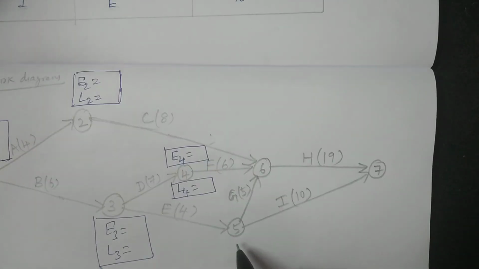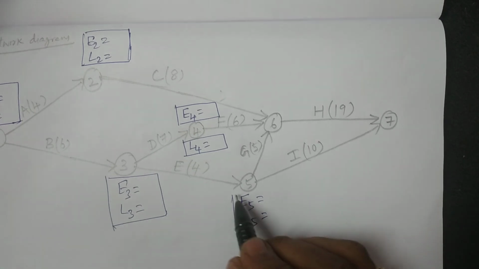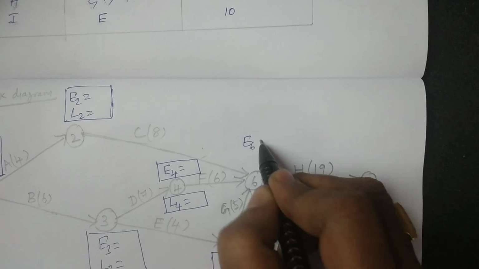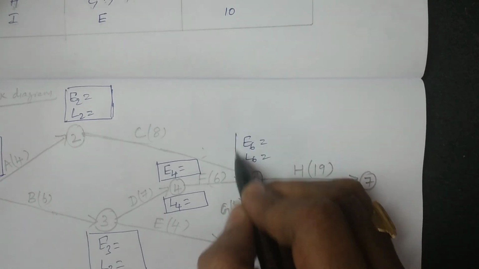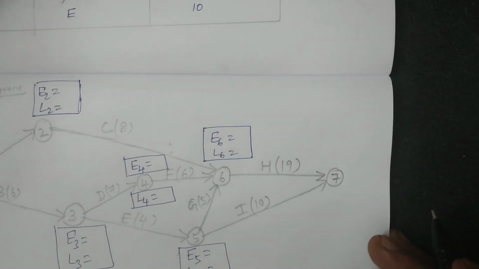And E5, L5. E5 and L5. E6, L6. And then finally, for the last node, E7, L7.